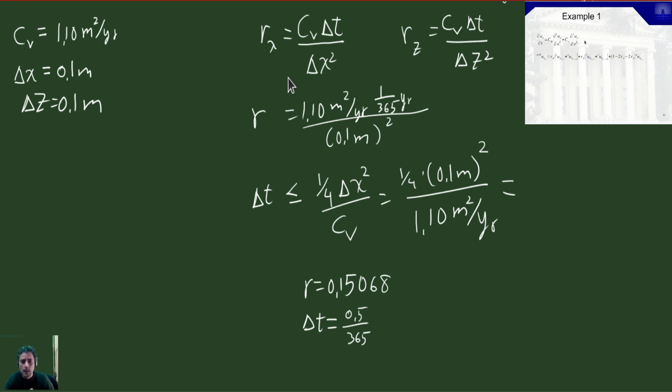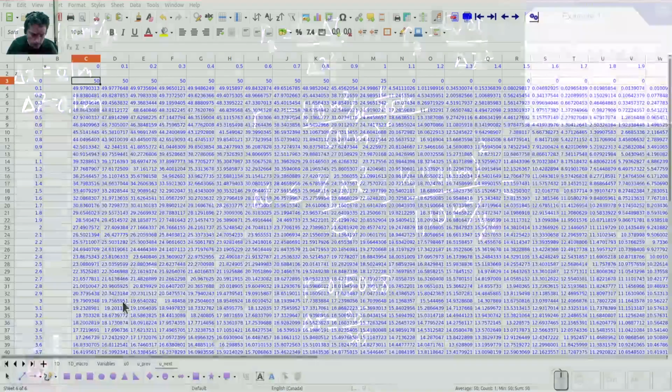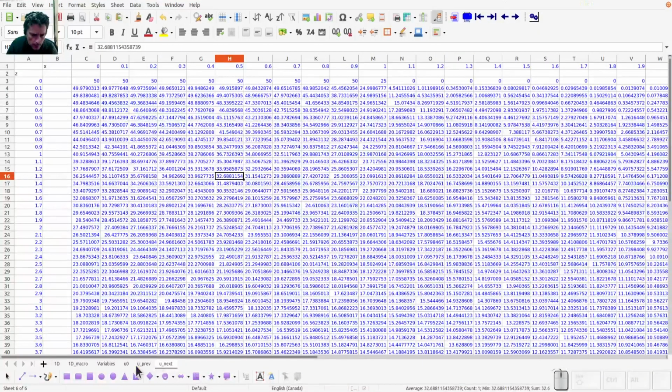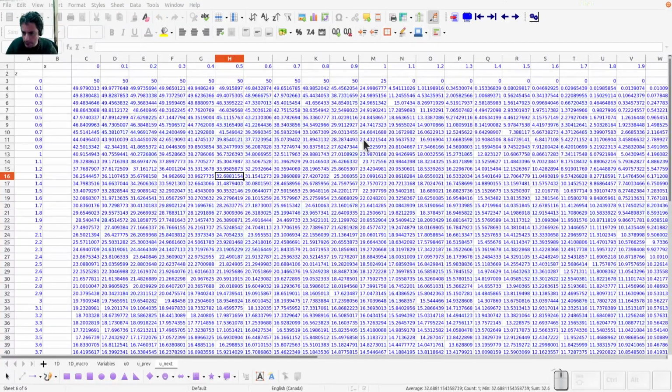So if we go with this into our calculations, we now have to go back to our sheet. So we can define a variable. Are you seeing the variables? You're not seeing the variables, are you?